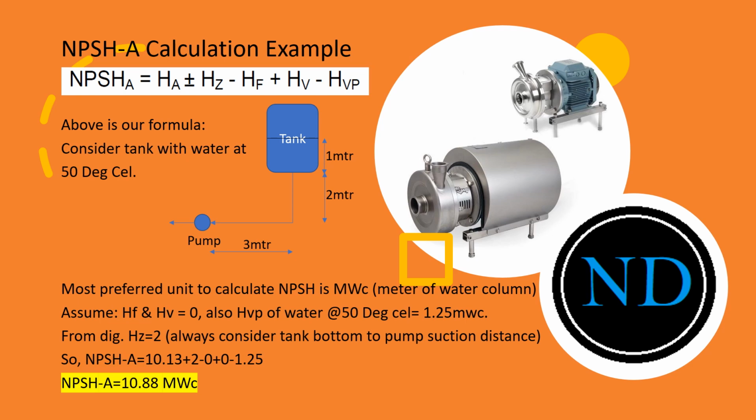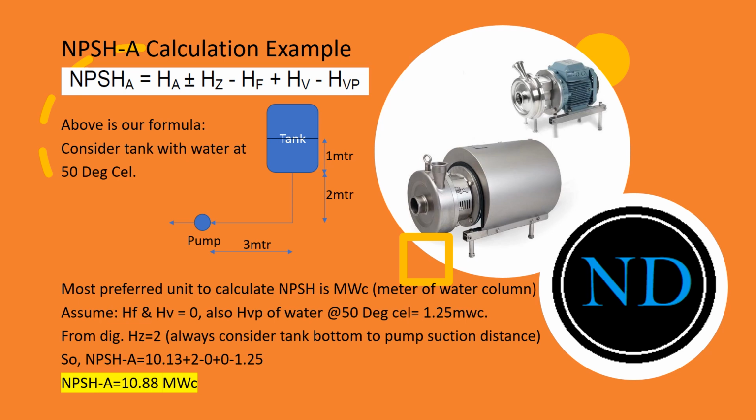The tank is located 2 meters above the pump, and the total distance from the tank outlet is 3 plus 2 meters, so total is 5 meters. The most preferred unit to calculate NPSH is MWC, meter of water column.